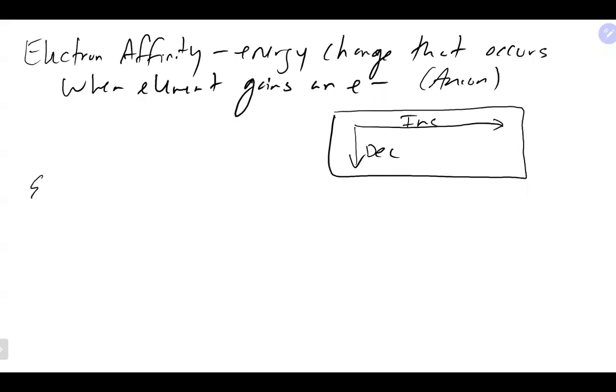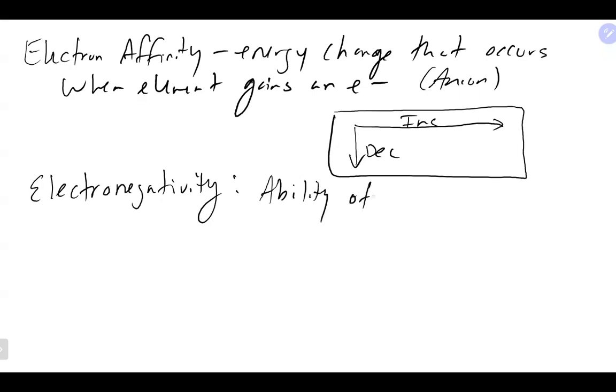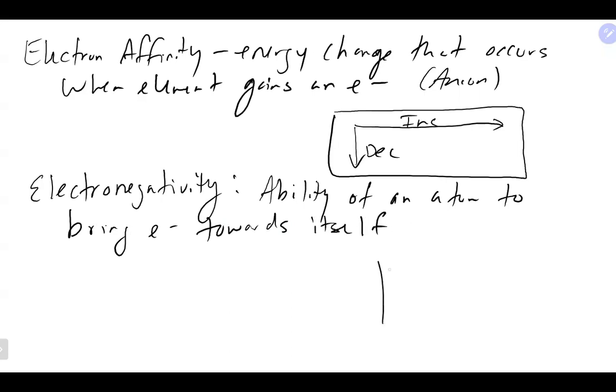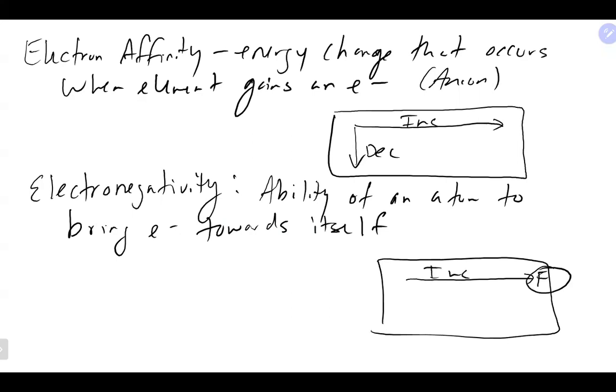Another important trend is electronegativity, which is different than electron affinity. Electronegativity is the ability of an atom to bring electrons towards itself. It also increases as you go up and to the right on the periodic table, with our good friend fluorine being the most electronegative element you could have.